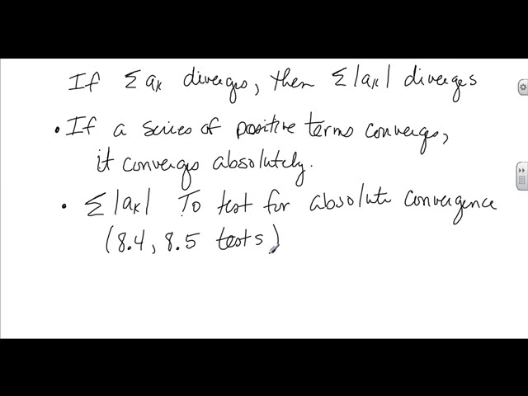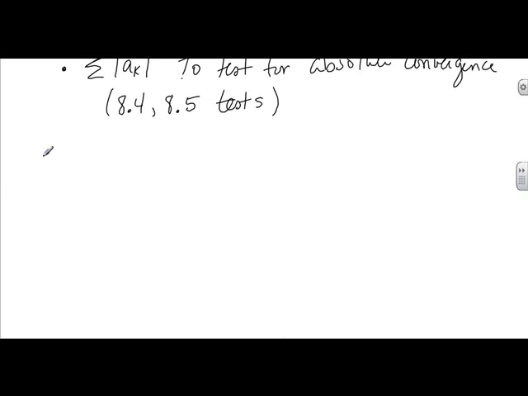So let's jump in with an example. I have a series, k starts at 1 and goes to infinity, of (negative 1/3) to the k power. I'm going to consider the absolute value of (negative 1/3) to the k power.